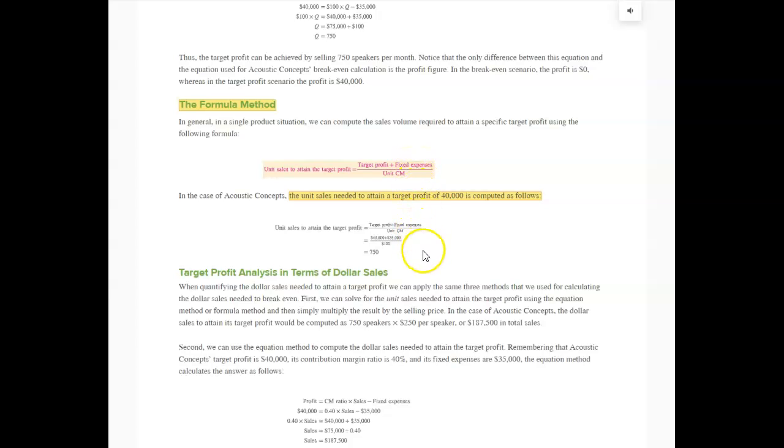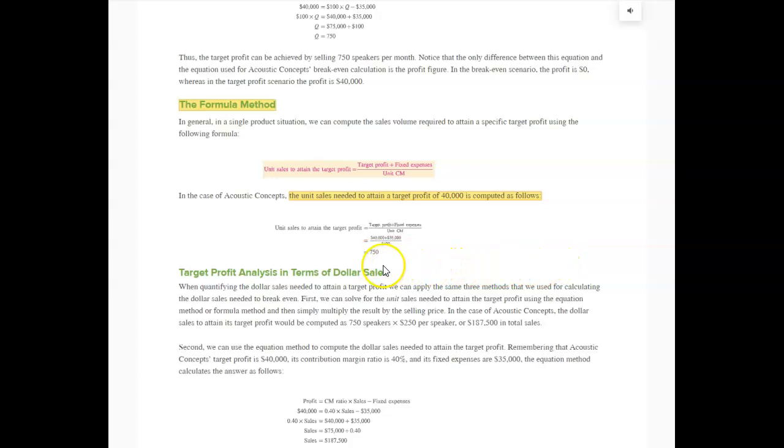So if we want a profit of $40,000, and we still have fixed expenses of $35,000, we have $40,000 plus $35,000 in the numerator, so $75,000. Divide that by the $100 unit contribution margin. The answer is 750. The dollar signs cancel each other out, so the answer is in units. So for us to make $40,000 in profit, we have to sell 750 units.